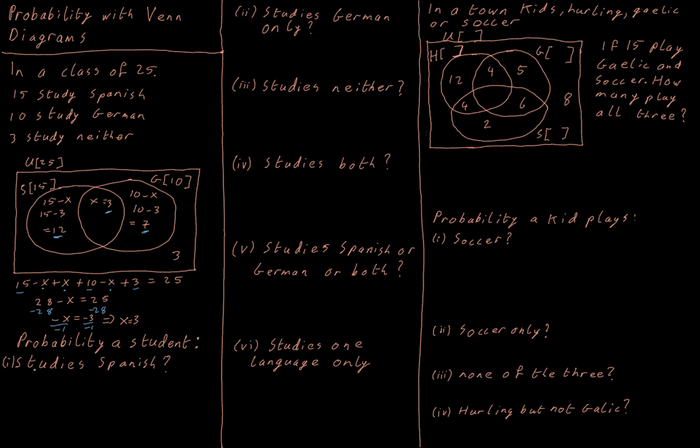What's the probability that a student studies Spanish? Well, for any probability question, I want the probability of S for Spanish. That's going to be wanted over total. How many outcomes do I want out of the total? So that's going to be 15 students who would meet my criteria, out of a total of 25.